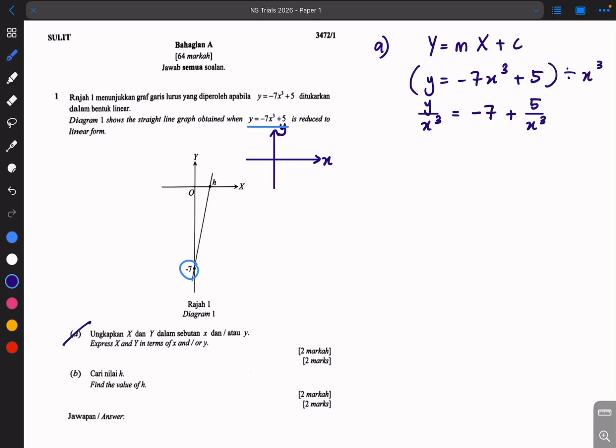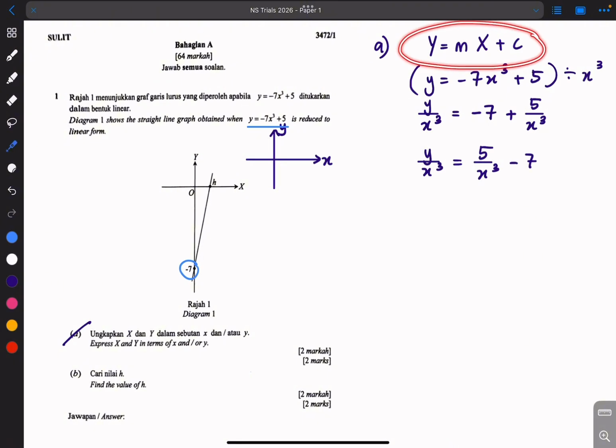Then we rearrange. So we keep this here. 5 over x cube we bring in front, minus 7. We want to get as close as possible to this. So y-intercept we put at the back already.